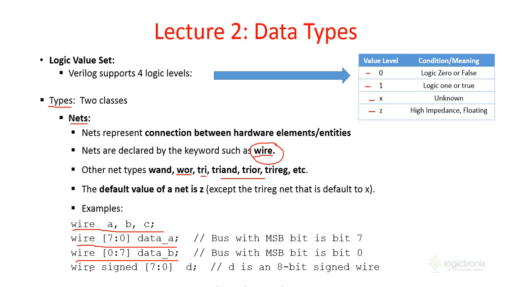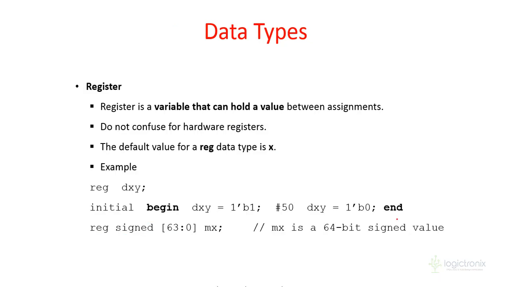This can be written differently or in multiple ways. And a signed wire, which is a signed type of wire, so it is an 8-bit signed wire. So these are different examples of writing or declaring a wire. And then we have registers. Registers are explained here.